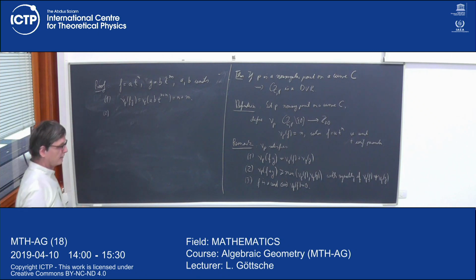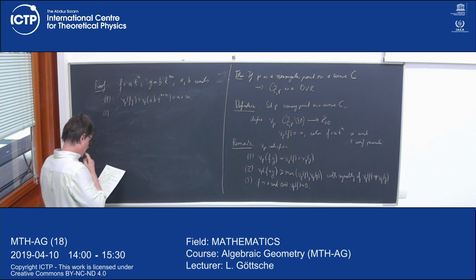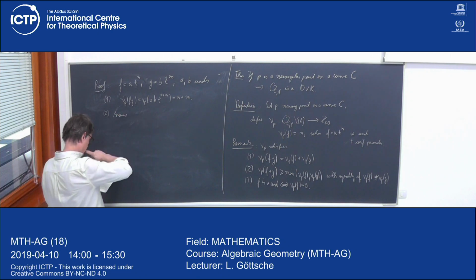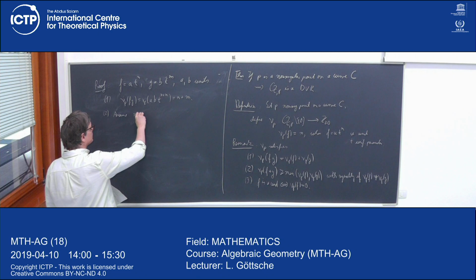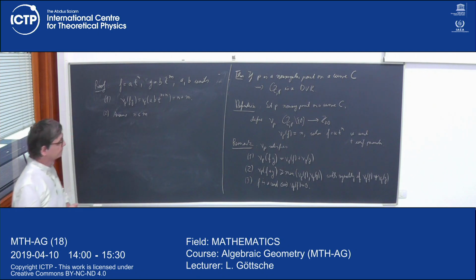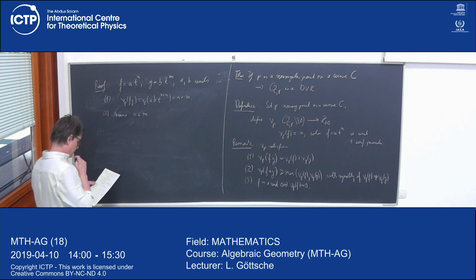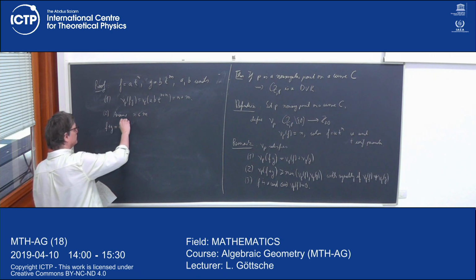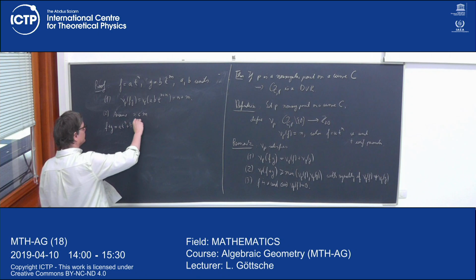Second, we just assume whichever one we want, n is smaller than or equal to m. Then f plus g is equal to a t to the n plus b t to the m.